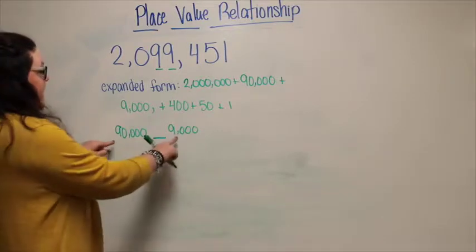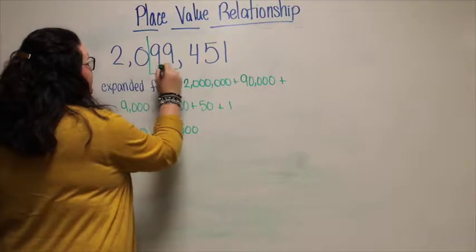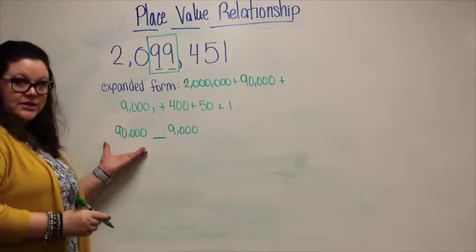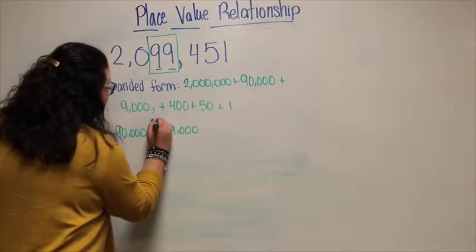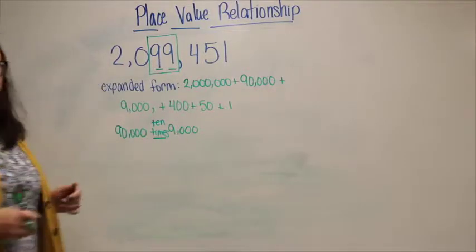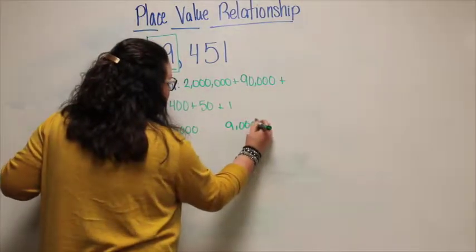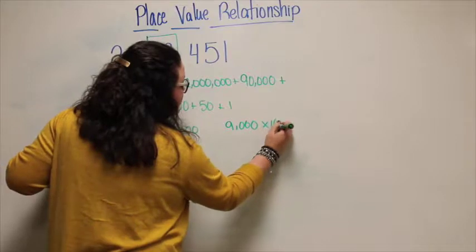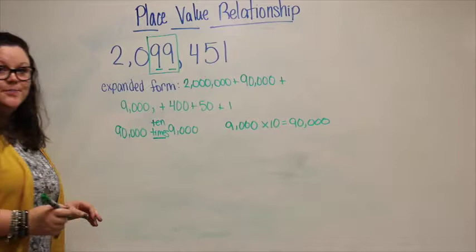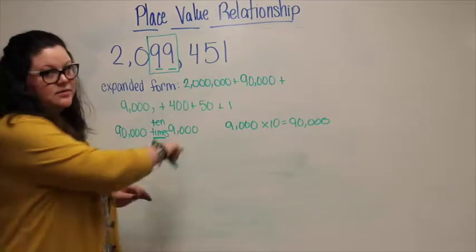So since they are the same digit, and they are in place values that are right next to each other, I can say 90,000 is 10 times 9,000. I can know that because if I multiply 9,000 times 10, I would get 90,000. So I can say 90,000 is 10 times of 9,000.